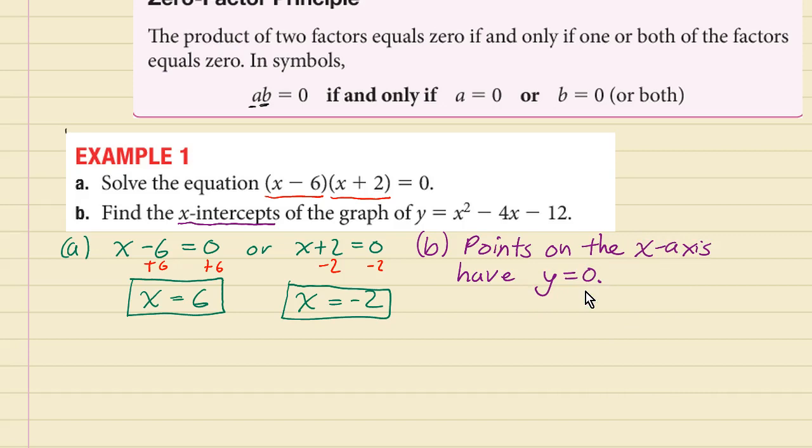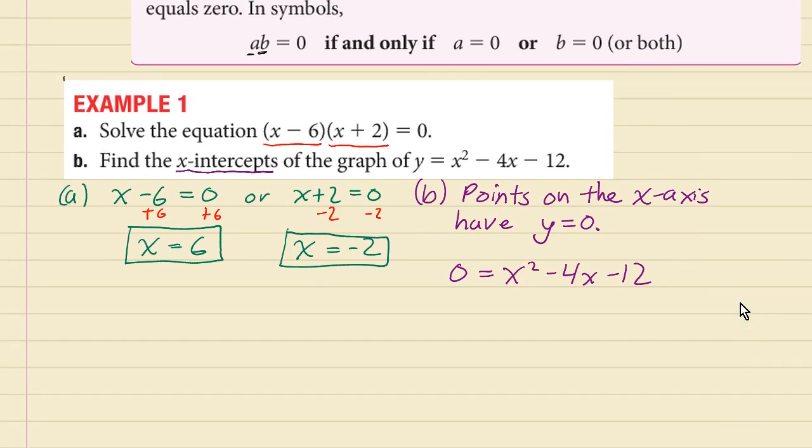So to see what x makes that y-coordinate 0, we're just going to plug in y equals 0 into it. And we get that.